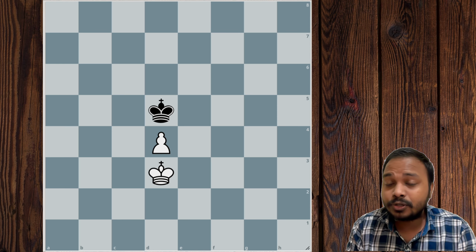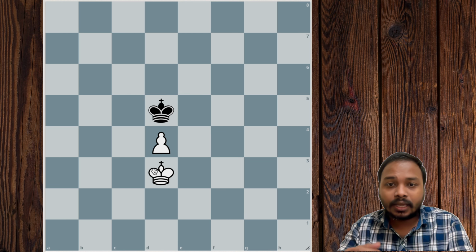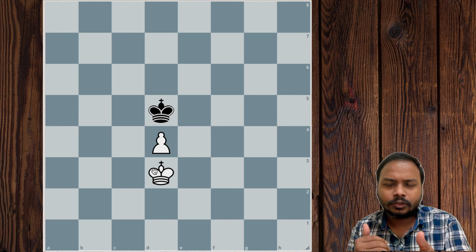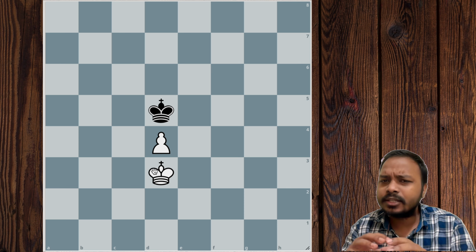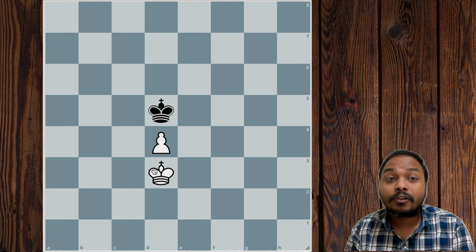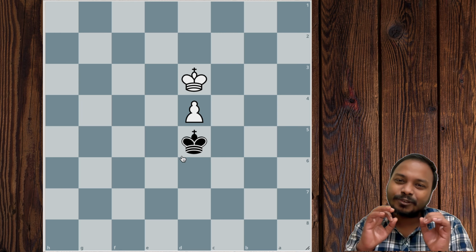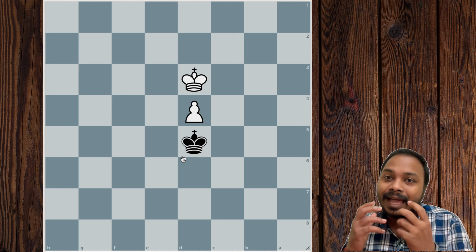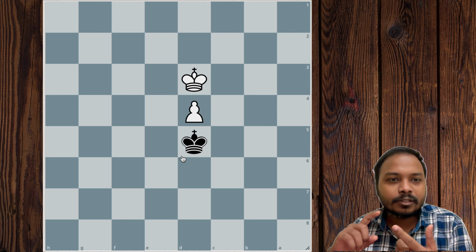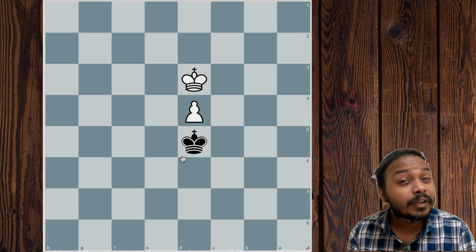Now in this position, as you will see, the king is behind the pawn, which means this position is a draw. But we will see this position from the black side. When we see the position from the black side, it looks like black is losing, right? But black cannot lose here, because white does not have any winning material.